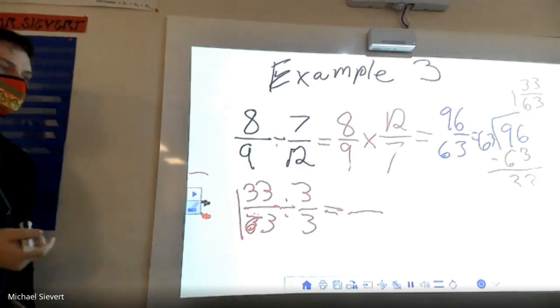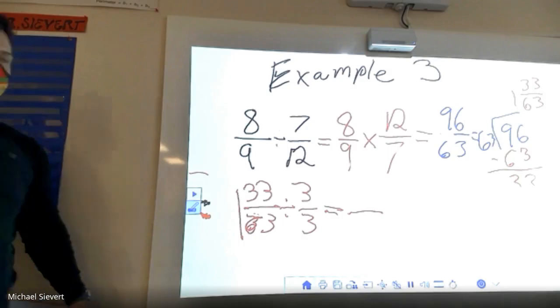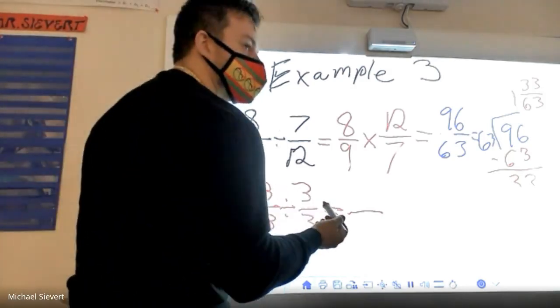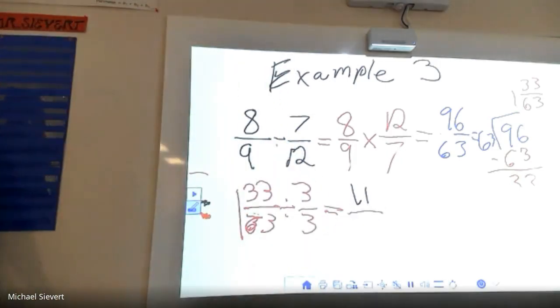With a strong silent hand, what is 33 divided by 3? Josiah? Right, that'll be 11. Correct. What is 63 divided by 3?